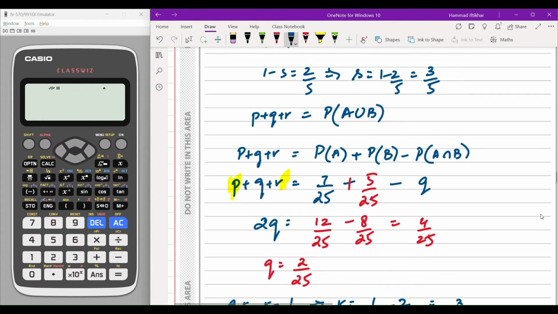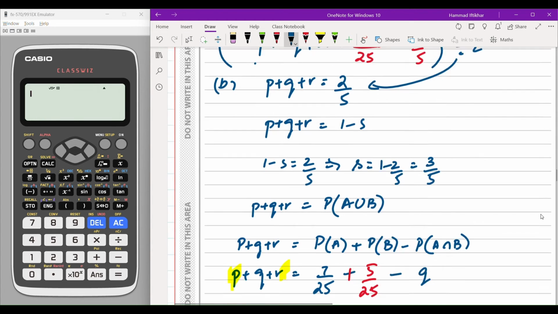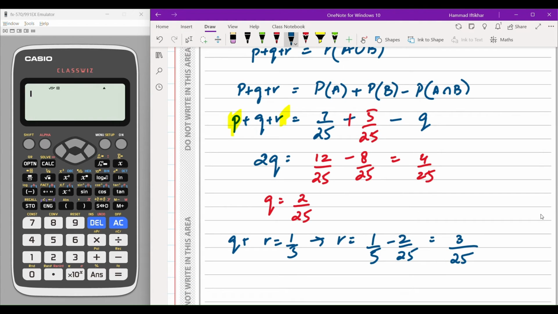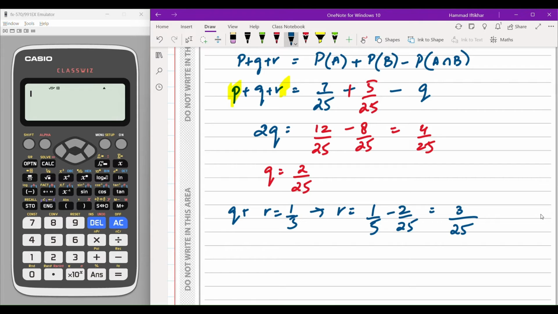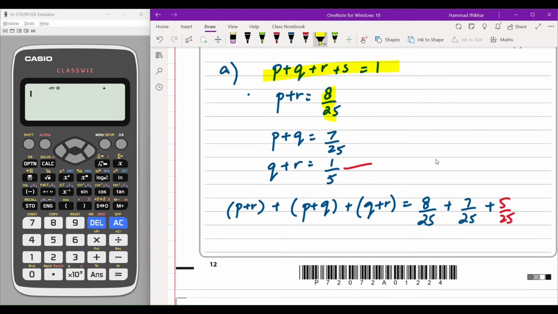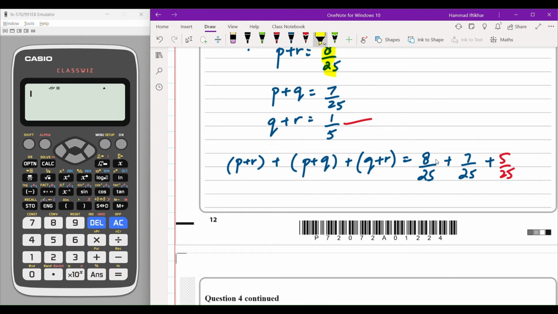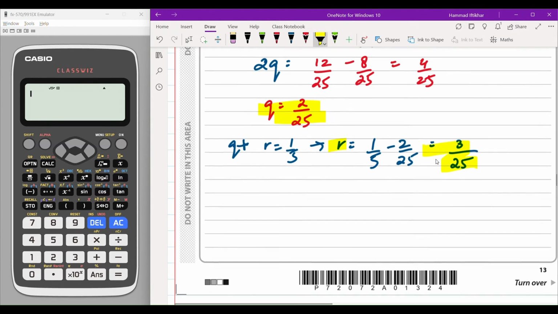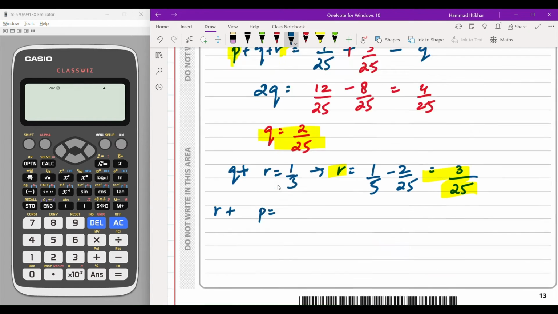Okay, so P, did we find out what P was? We have found Q, we have found R, we have found S. I think only P remains. So for the P, we will use now the 8/25 or the 7/25. So for P, we will use R plus P. That was 8/25.